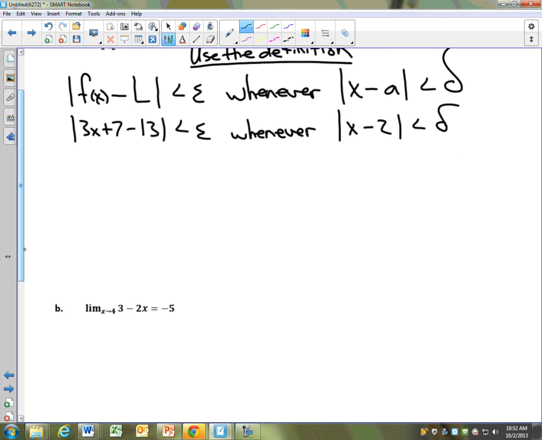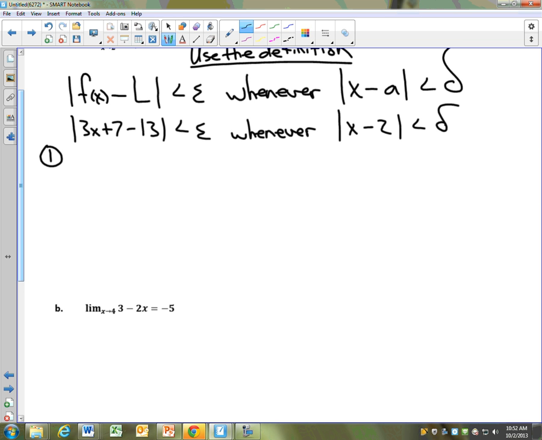There's 2 steps to the proof. The first one is the easier step. Let's see if you can understand. When I gave you a level of tolerance, if I said your tolerance level is 0.1, what did you then try to find yesterday? You try to find your delta. You found your x value, you subtract it from the a value to get delta.